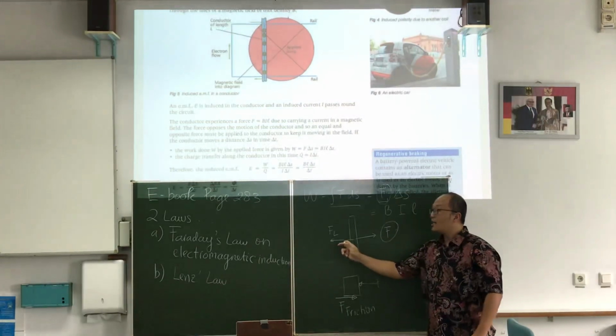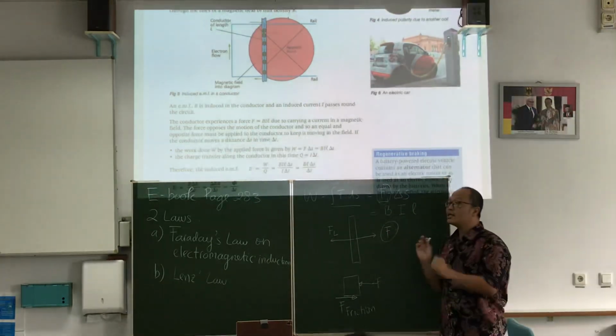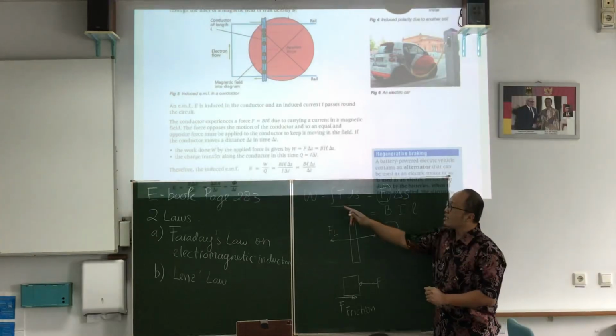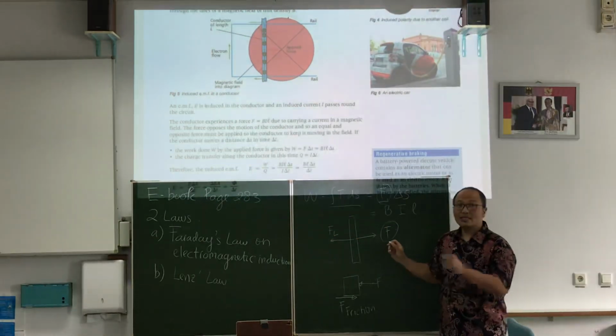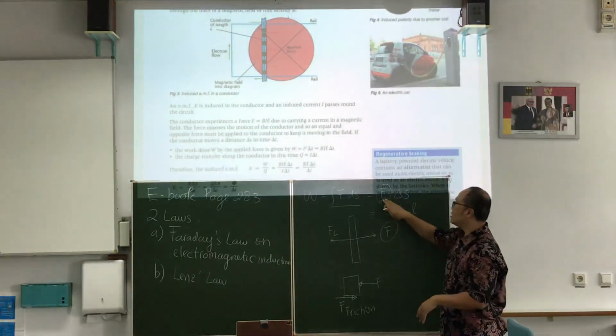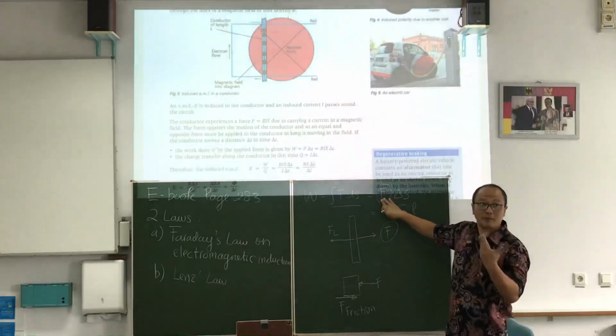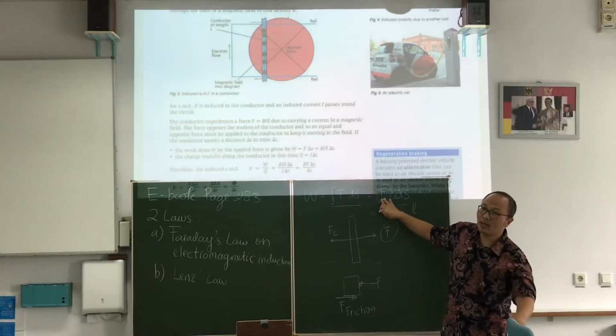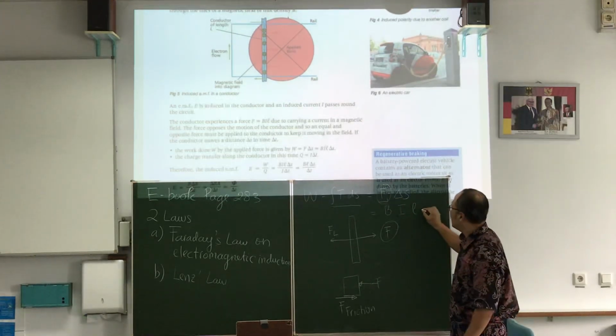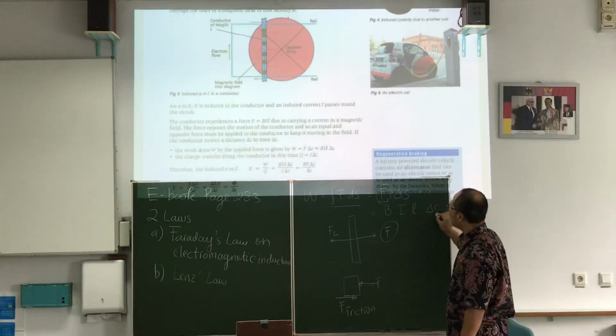At least we assume the force we exert, the force that I need to do this work, is at least of the same size as the Lorentz force. Can it be bigger? Yes, if you want to. So then I just use this.